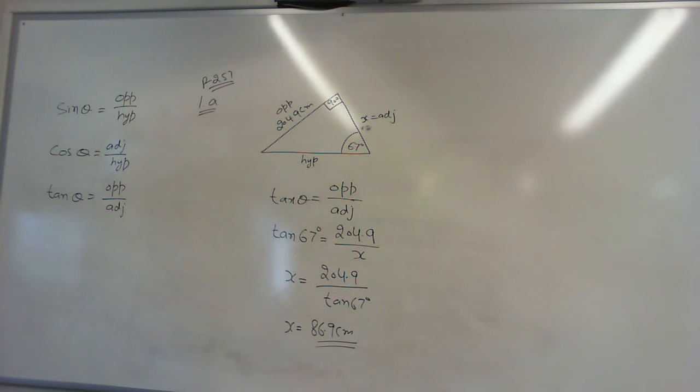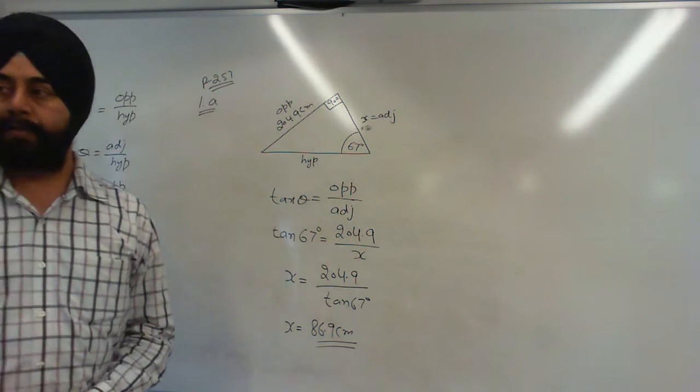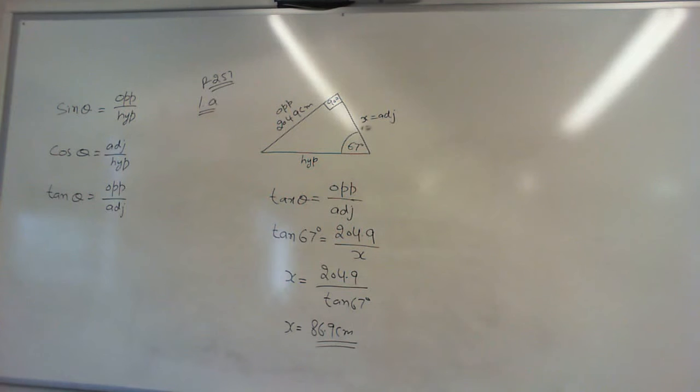How do you calculate that 204.9 divided by tan 67? It depends on your calculator. What type of calculator do you have? When I press divide and then put tan, it just... Oh, here you will have to do it in two steps. You will first enter 67 and then find its tan. That is tan 67, right? You will have to write it down in your notebook.